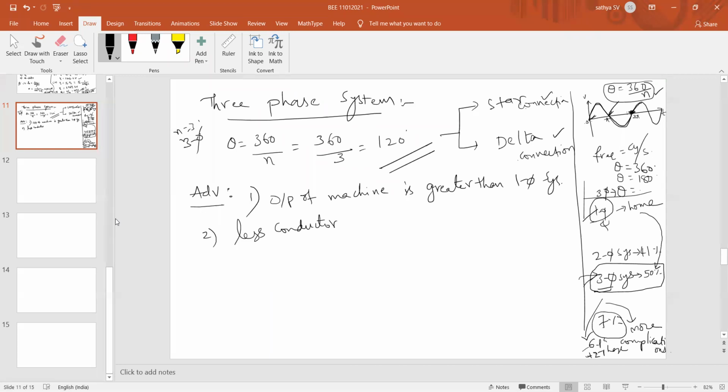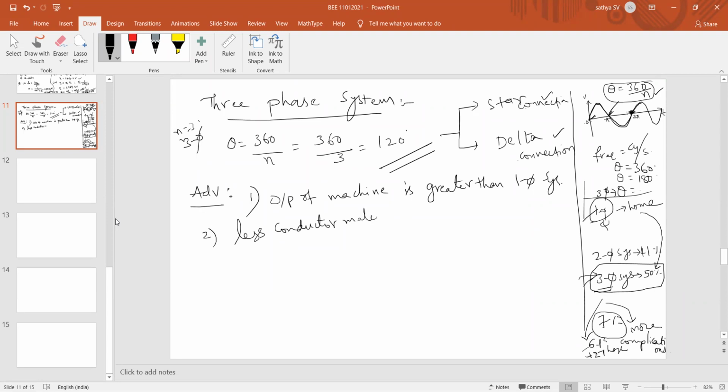Let us take a simple example where the cost of conductor material for a three phase system is some 100 rupees for a generation of around 100 megawatt. Let us take 100 watts. For the same system, if you take single phase, it may cost around 150 rupees to reach that 100 watts. Now it should be clearer how this point comes into the picture.